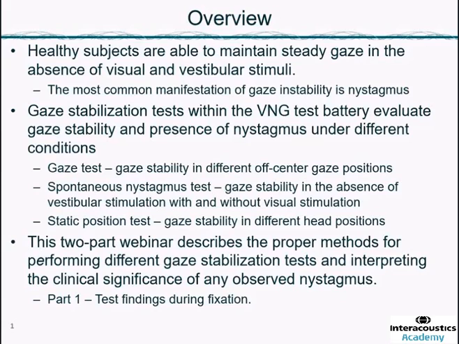The next condition where we examine gaze stability is the static position testing, where we look at the gaze stability in different head positions. So in this two-part webinar, the next one being in the next few months, we examine the clinical significance of nystagmus both with fixation and without fixation. In part one, we are going to talk about the nystagmus during fixation.